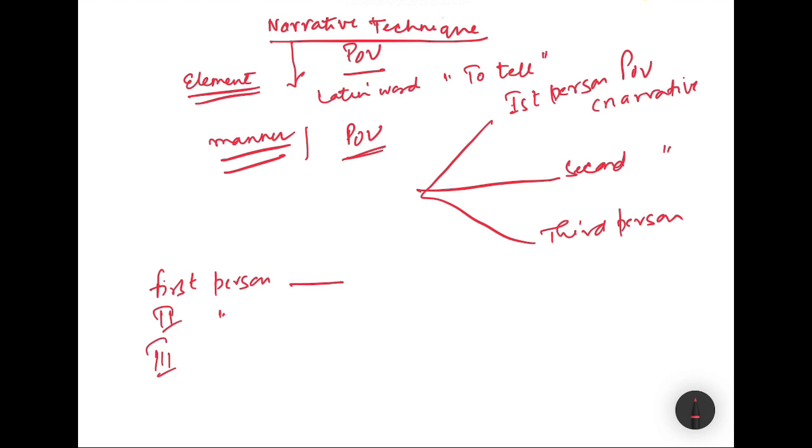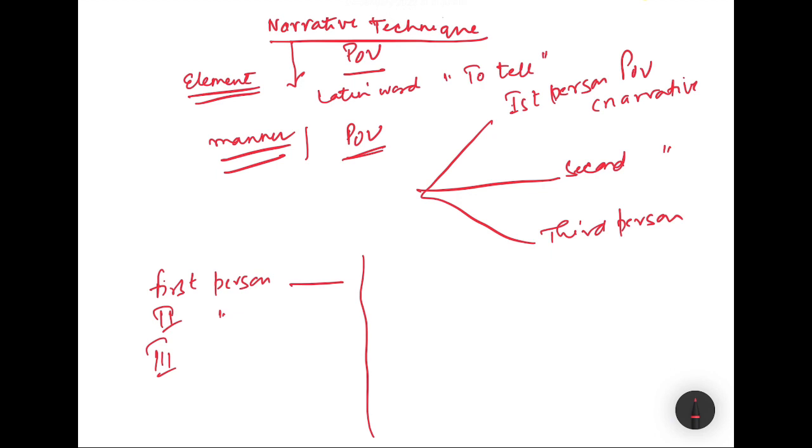Then, similarly, if you are saying, you read this book, I think, which you must have liked, second person. Or if I say, Shambhavi and Gita read this book, third person. Depending on the kind of pronoun we are using.